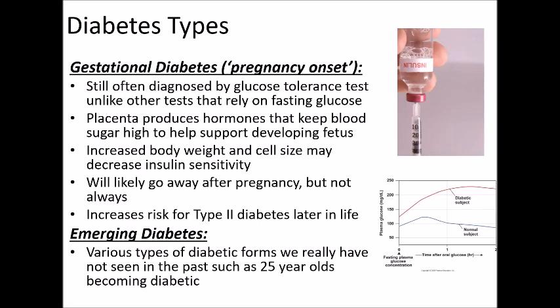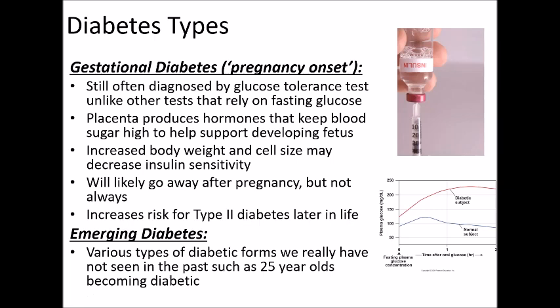So it's a little more rare to have a glucose tolerance test, but in the U.S., all women that are pregnant are suggested to be screened for diabetes, and most physicians believe that a glucose tolerance test is the best, most accurate way to do that. So that's why we see it most often used during pregnancy.